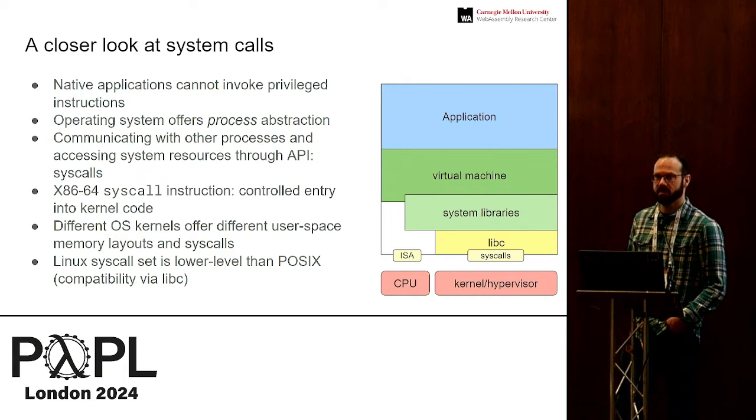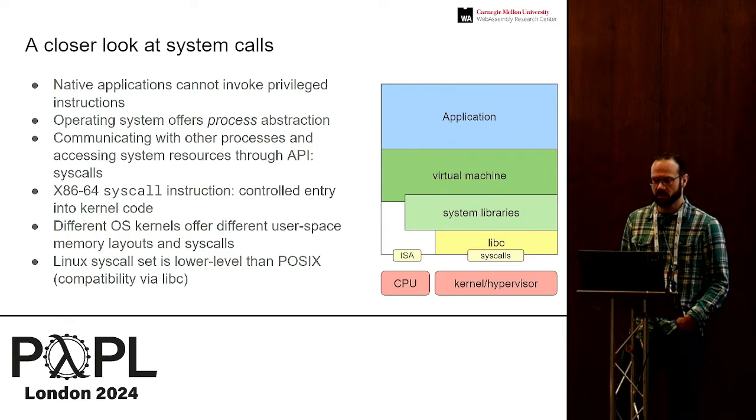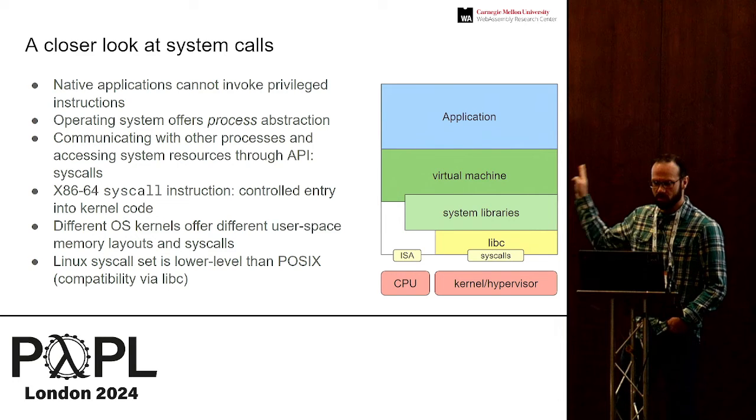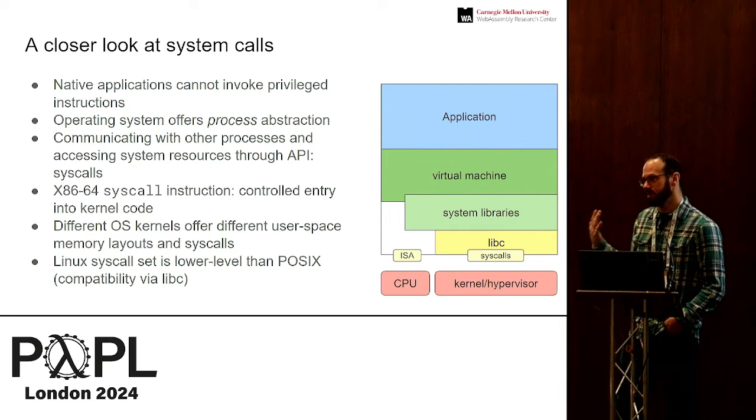On x86-64, it's the syscall instruction. You put the arguments in the registers that you want, then you invoke the system call instruction, and you go directly into the kernel. Different kernels have different system call interfaces, different memory layouts, and different process abstractions and capabilities, but they all go through the same mechanism at the bottom.